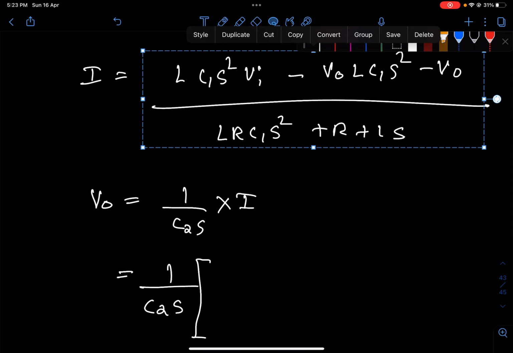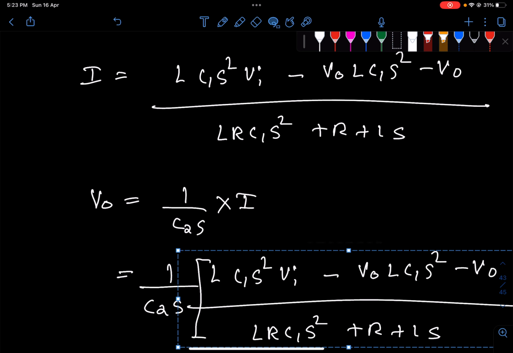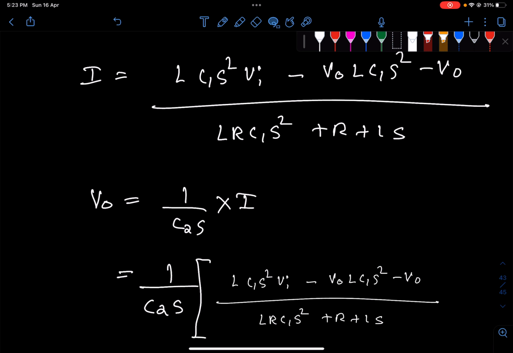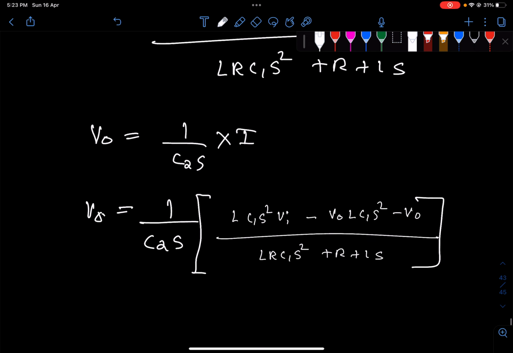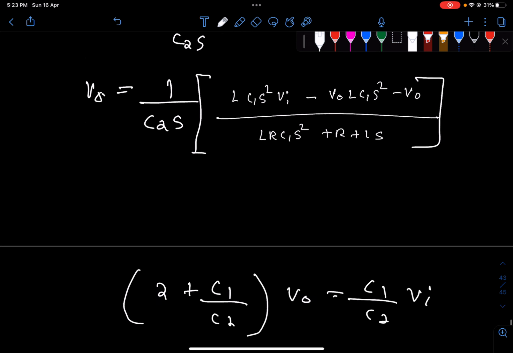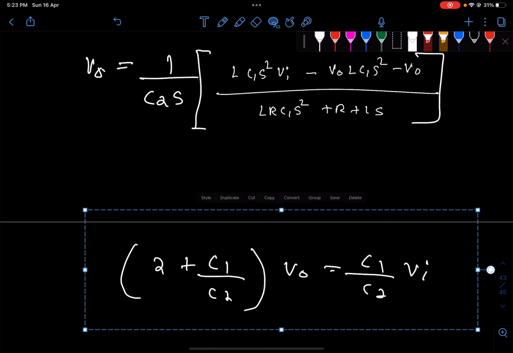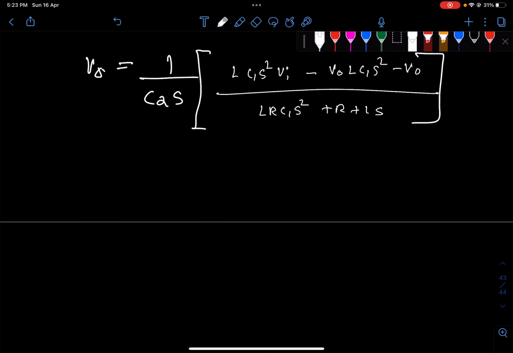This is our current. So this is our output, and we have to find the transfer function V0 by Vi.